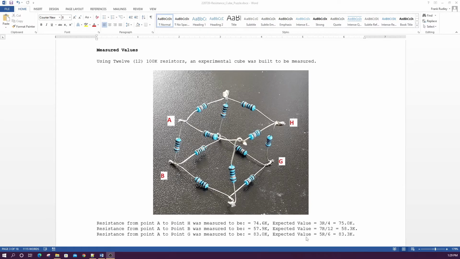The expected value would be 5R over 6, which is 83.3K. So that's pretty close. I was within 0.3K on 100Ks. That's pretty small, still under 1%, which these are 1% resistors.